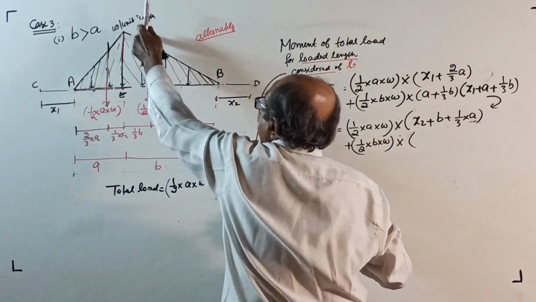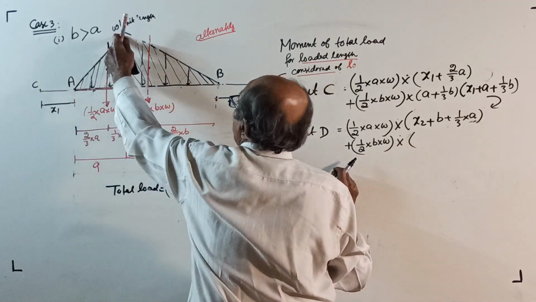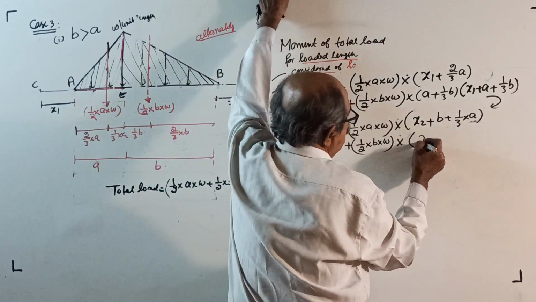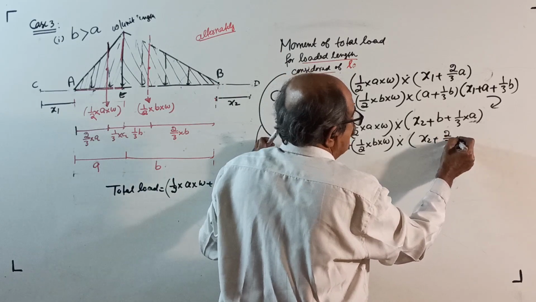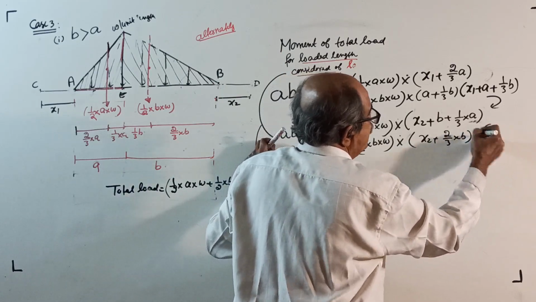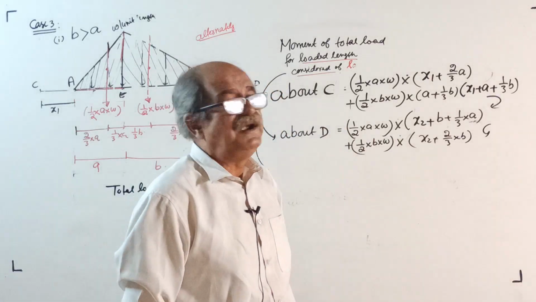For this load, half into B into W into x2 plus 2/3 of B. Both are anti-clockwise. This way do it. Next time onwards, I will tell a little faster.